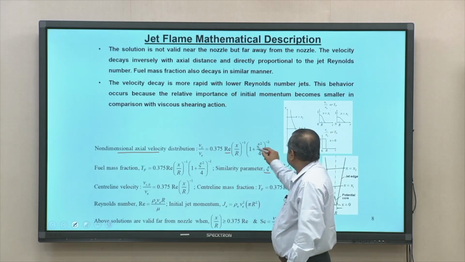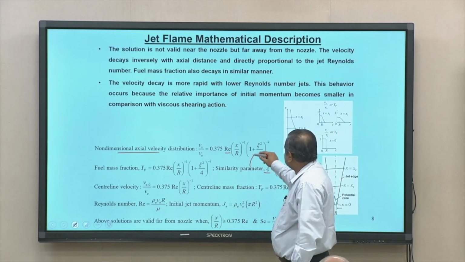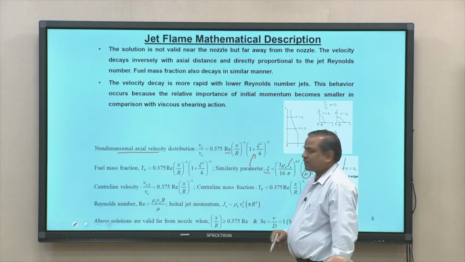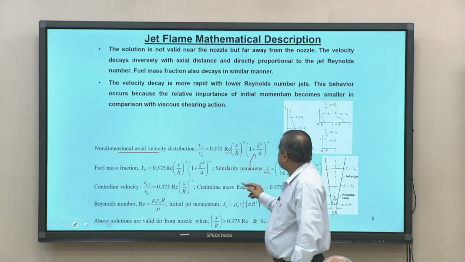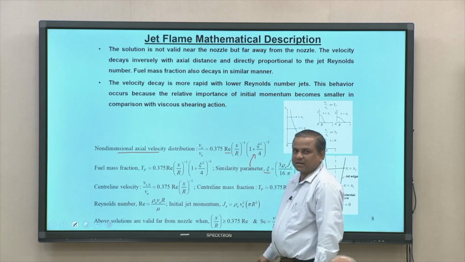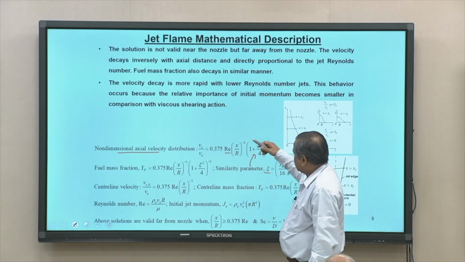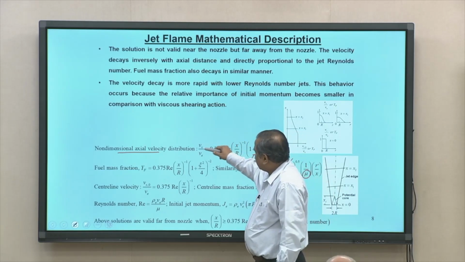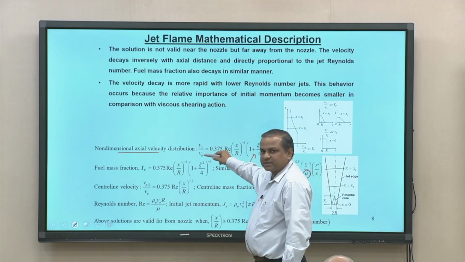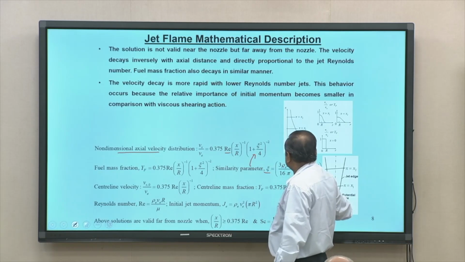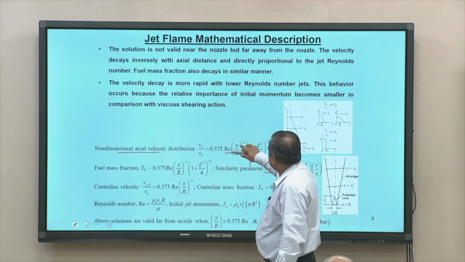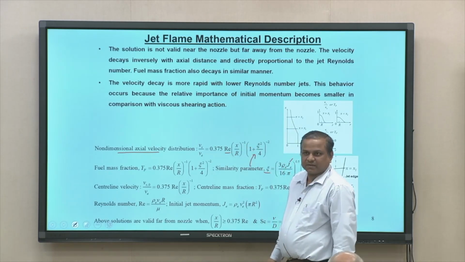Again there is a term zeta, this similarity parameter, which drops in here. So all the terms here are non-dimensional. This is a ratio, so it says how the velocity decay takes place with respect to its initial velocity just at the exit of the jet, as a function of X and R simultaneously.